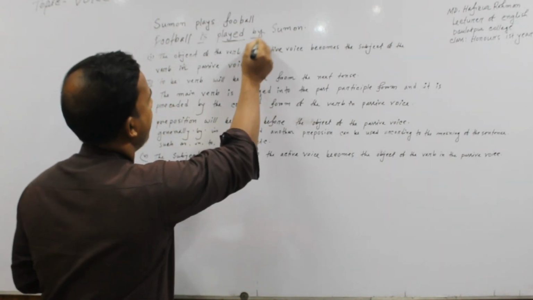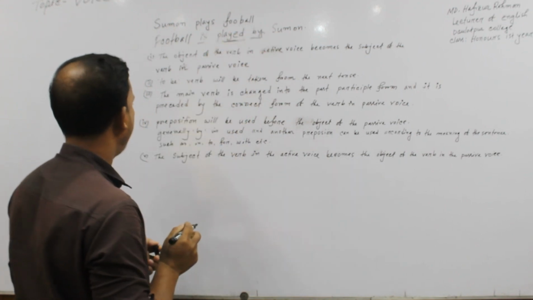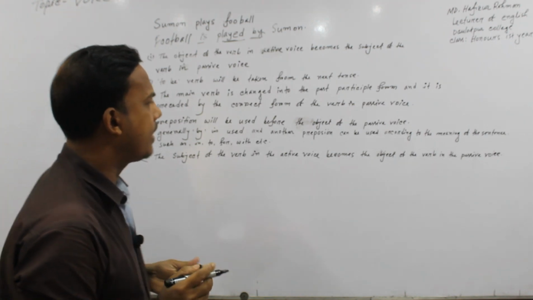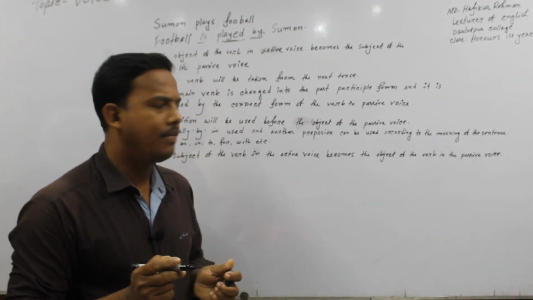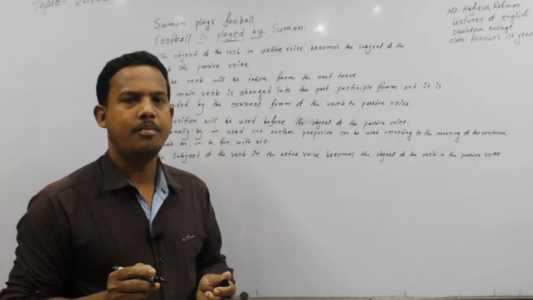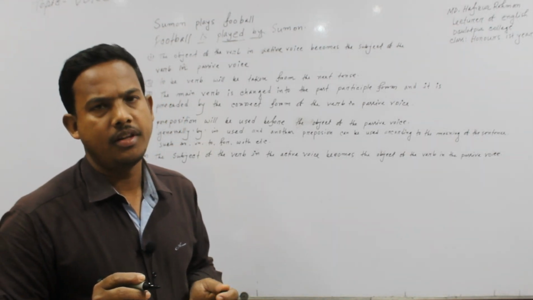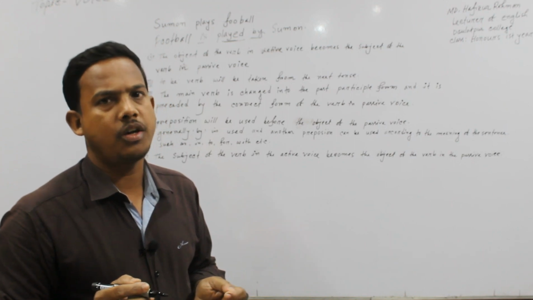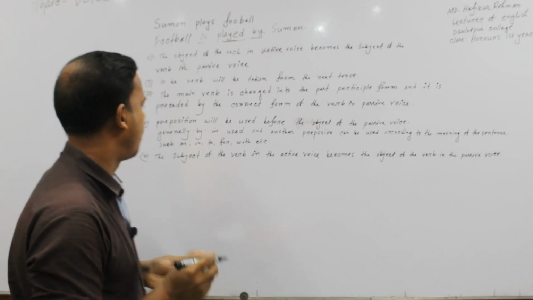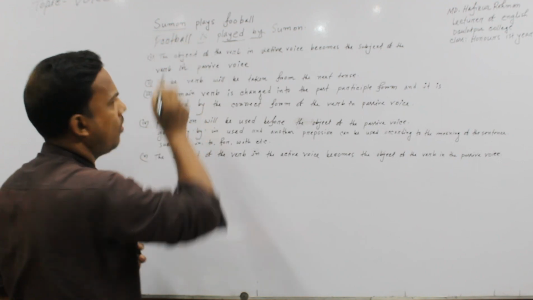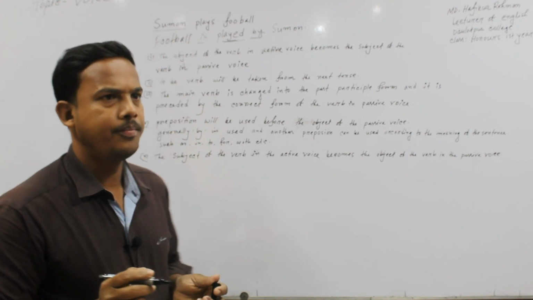And finally, the subject of the verb in the active voice becomes the object of the verb in the passive voice. Here we have to know what is called subject.